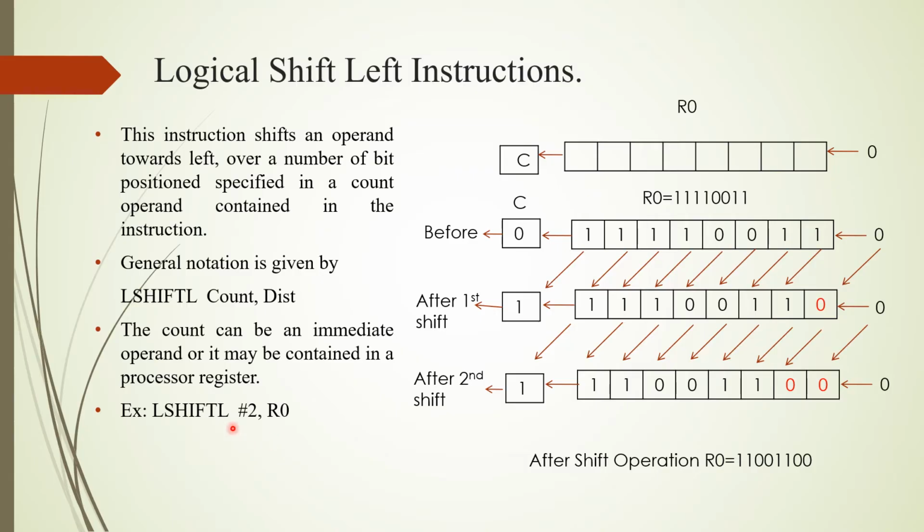As the count is 2, another shift operation is performed. Whenever data moves from the LSB to the next higher bit, the LSB is filled with zeros. After two shifts, R0 contains 11001100.